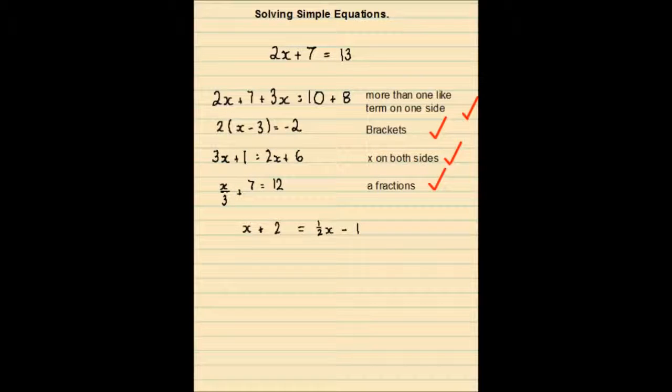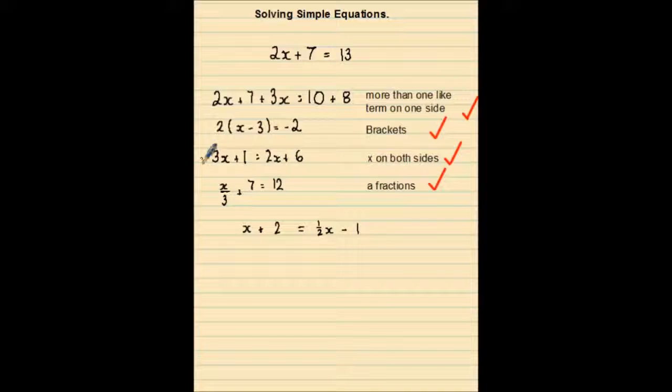So there we have it, how to deal with each of these 4 types of equations, so we end up with the equation in this form that we can solve. I'll finish by showing you how I would tackle an equation that's a combination of these 4 types, this equation here. Now I could look at this in one of 2 ways.